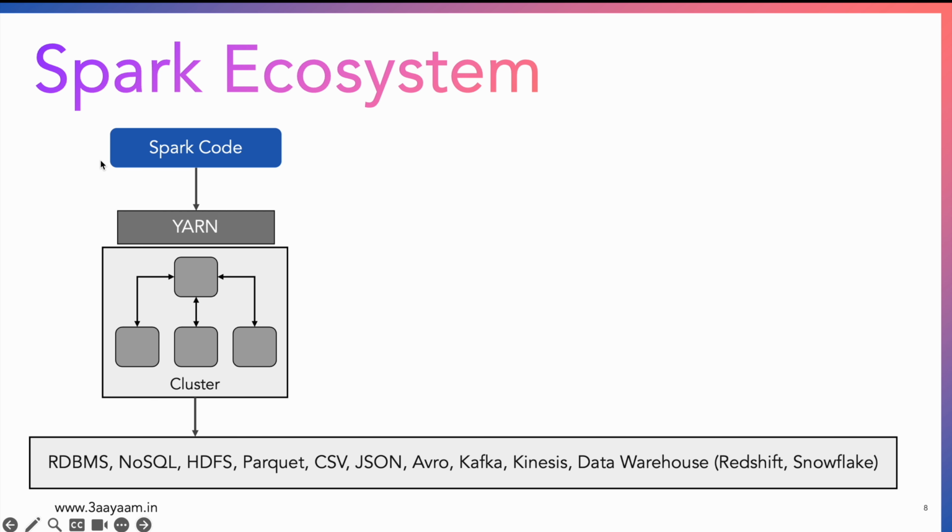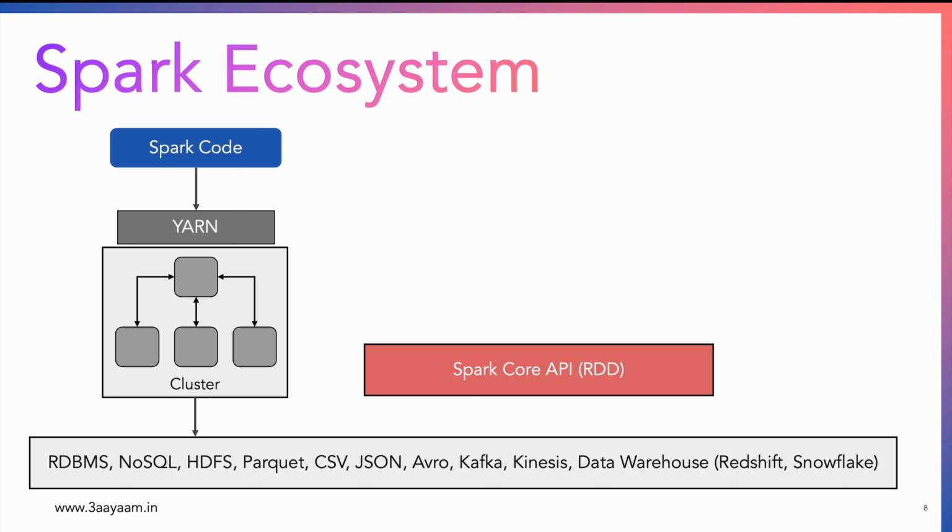Now this is the Spark code I'm talking about, not the Spark ecosystem by itself. In the Spark ecosystem, what we have is something called Spark Core API, wherein RDDs or resilient distributed datasets sit. So this is the core API of Spark, meaning that this is the low-level API which would actually communicate to all of these storage layers.